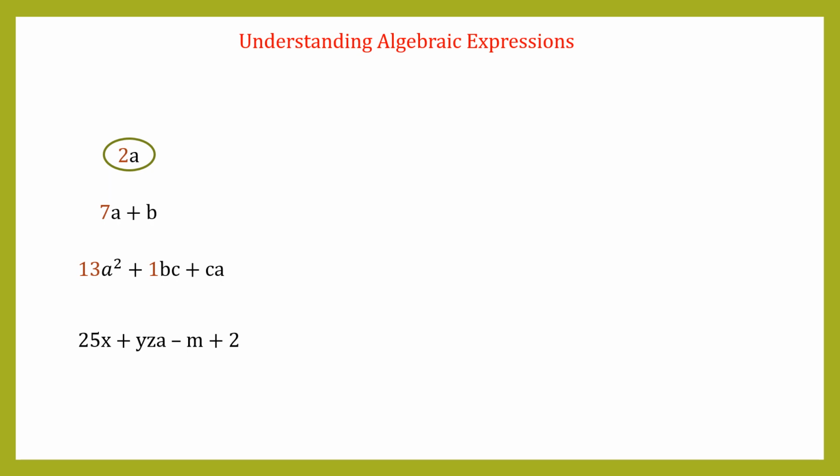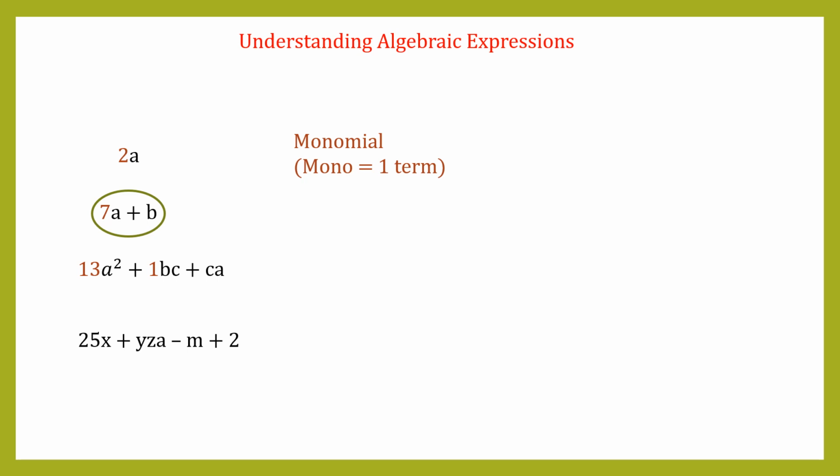So since this algebraic expression has only one term, it's called as a monomial. That is, an algebraic expression with one term is called as monomial, where mono is equals to one term. Let's see the second example, 7a plus b.